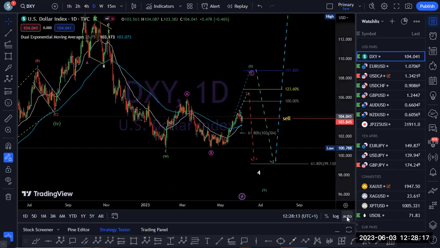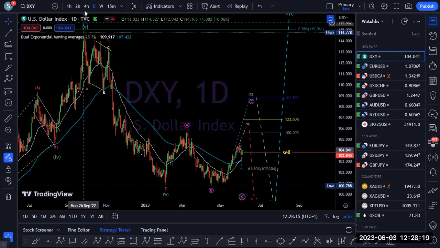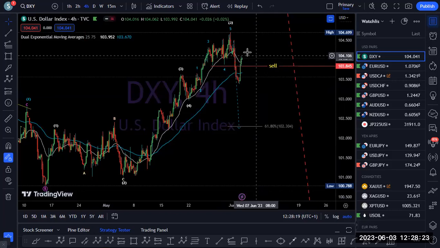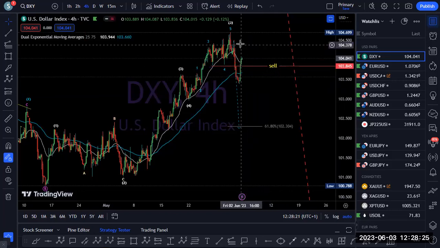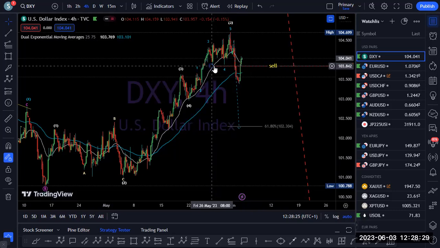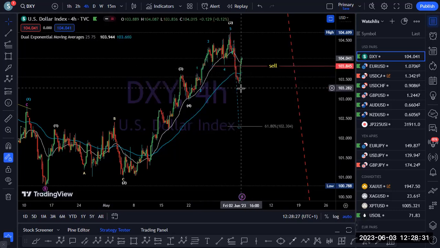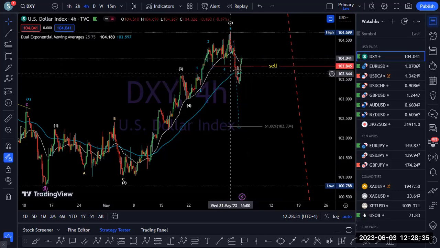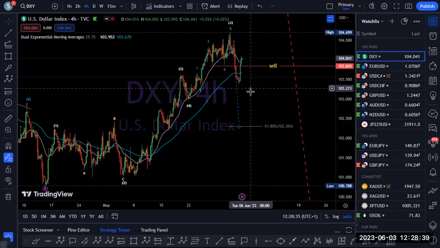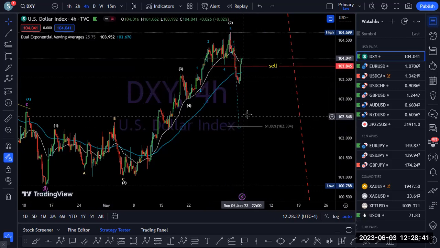So now let's go down to 4 hours to see what we've looked at for next week. I'm expecting the market to sell to this zone, and it has broken into the sell zone, and there was a sharp reversal. Maybe it is news. And if it is news, as I say always, news is always short-lived.